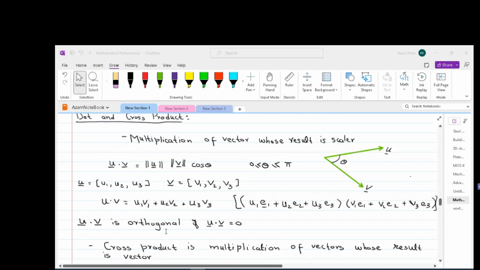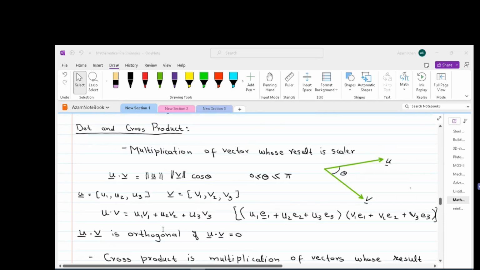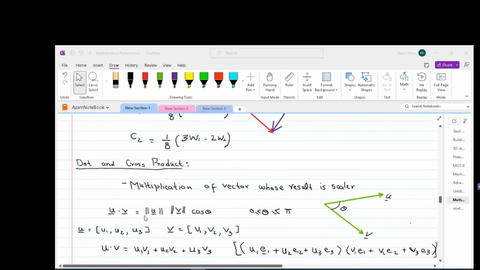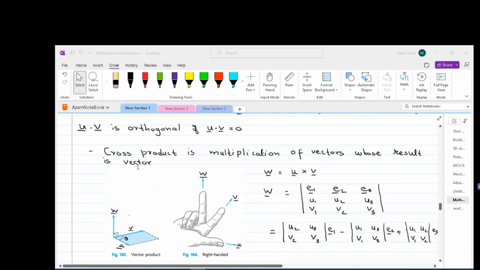Now there is another type of multiplication which is called the cross product, and the result of this multiplication is a vector. So unlike the dot product, we have a vector resulting from this type of multiplication. It is normally written that a vector w would be equal to u cross v.